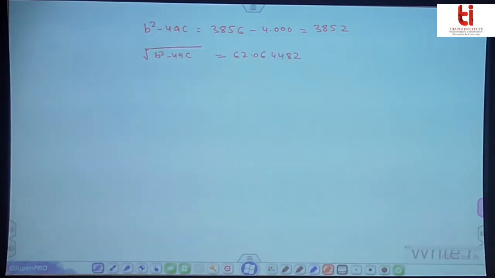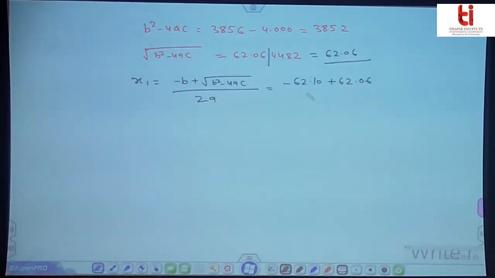So the square root of b square minus 4ac is coming out to be 62.064482. With 4 digits, 62.06. So x1 equal to minus b plus square root of b square minus 4ac upon 2a. It is minus 62.10 plus 62.06, which we computed here, upon 2.000.